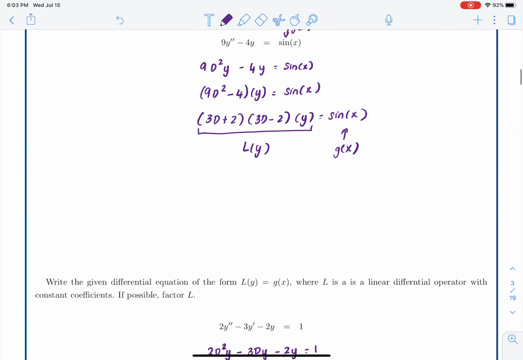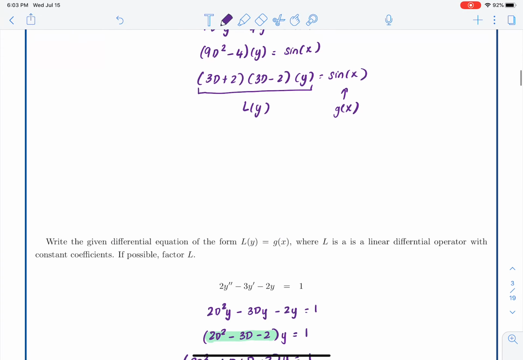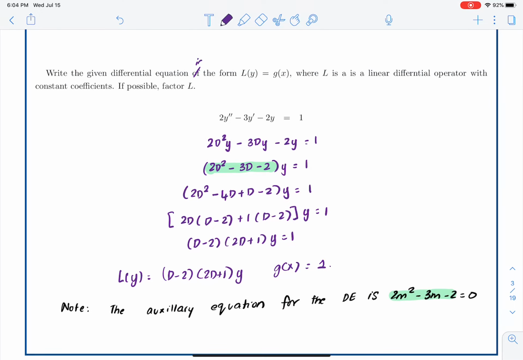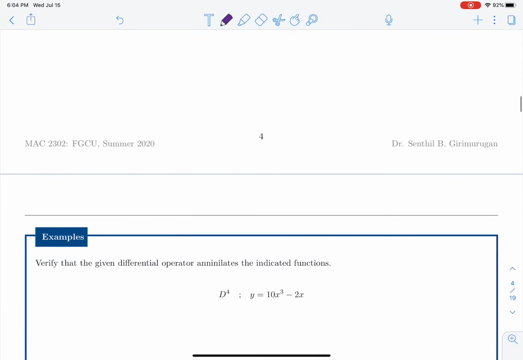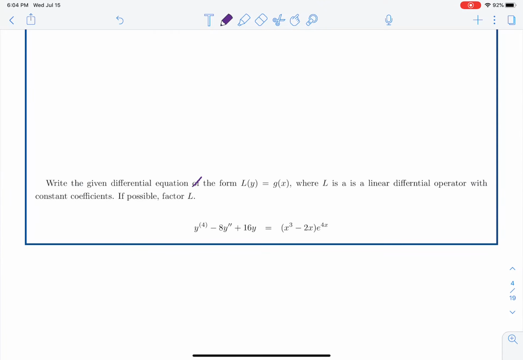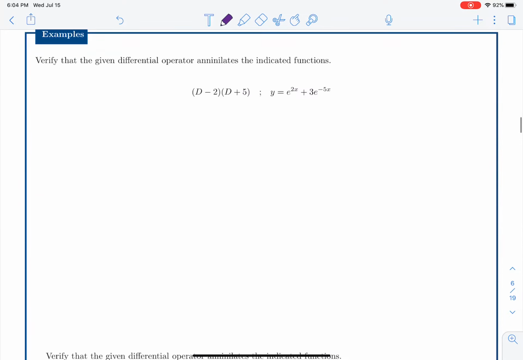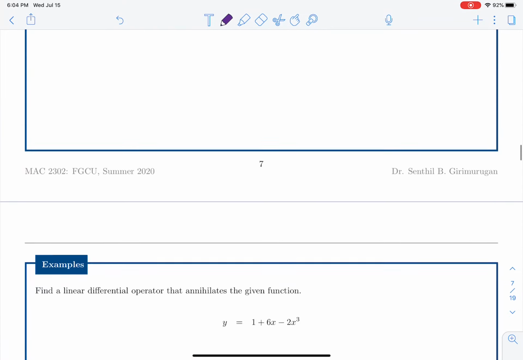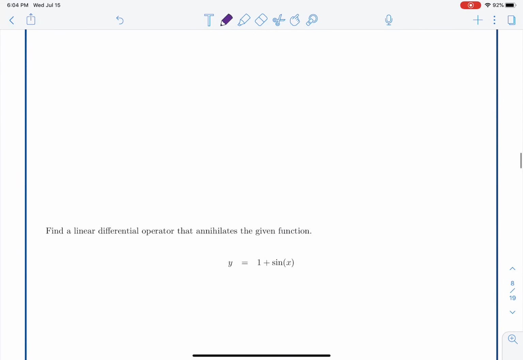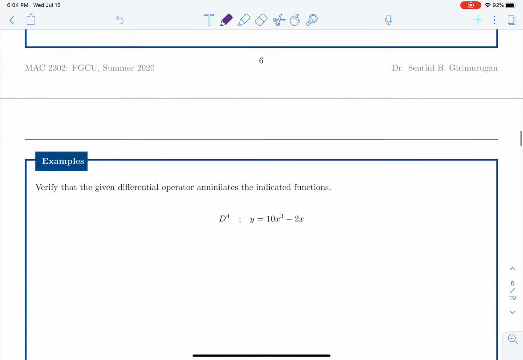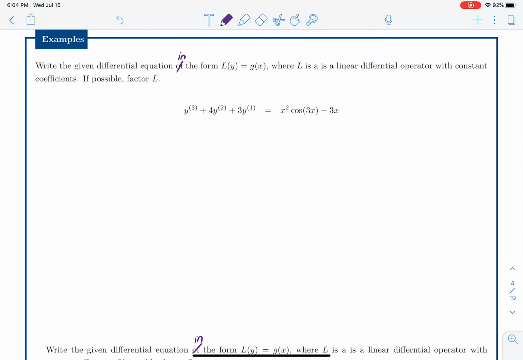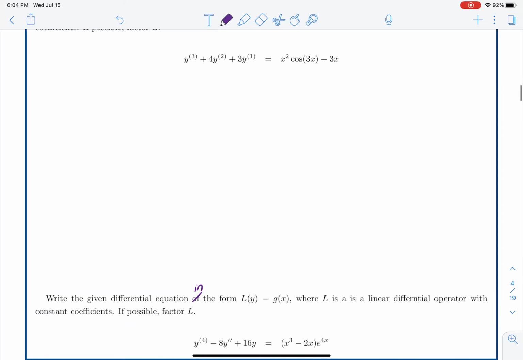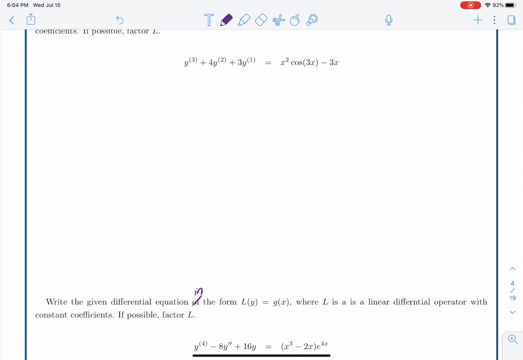It's in the form, not of the form. Okay, the annihilation part is coming later on, so we just want to write the differential operator.